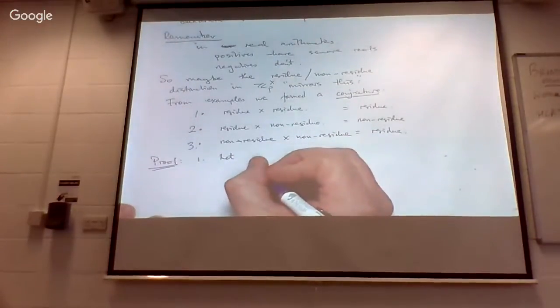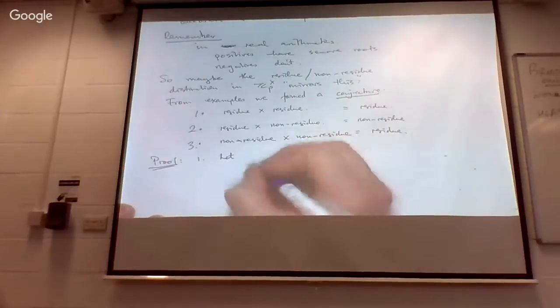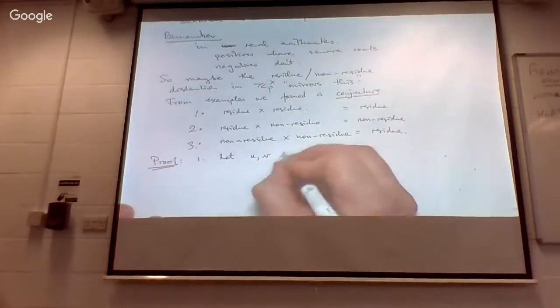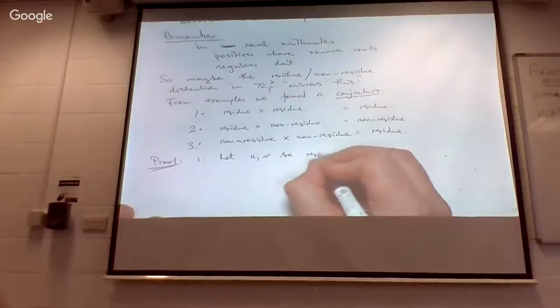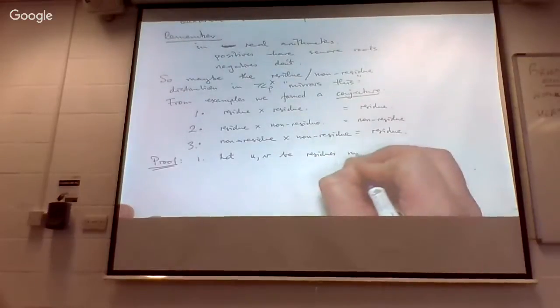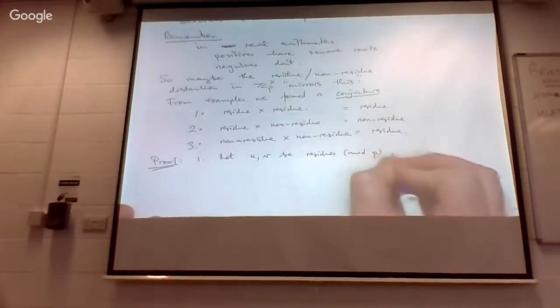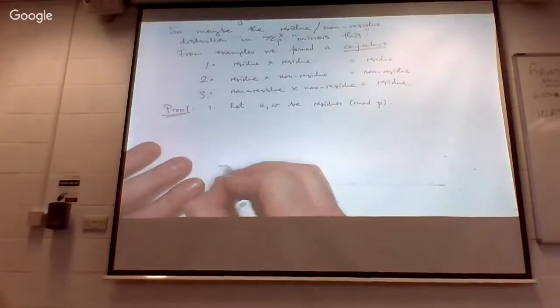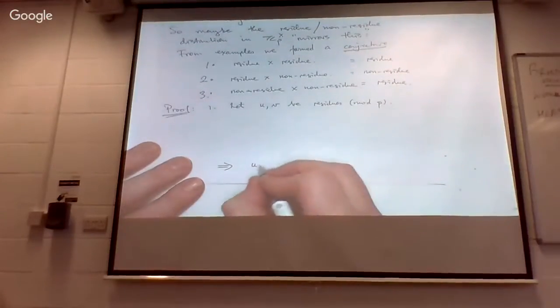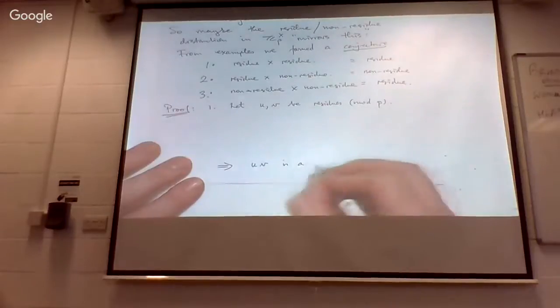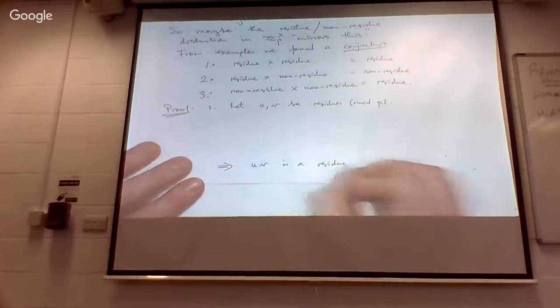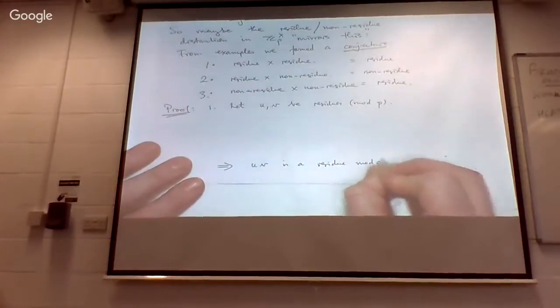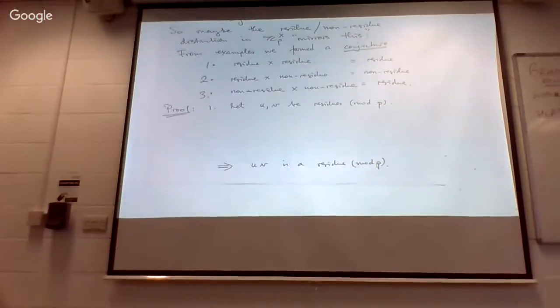So we'll let u and v be residues modulo p. I want to prove that the product is a residue. How do I prove that the product is a residue?